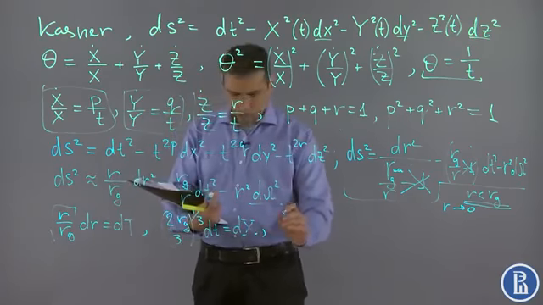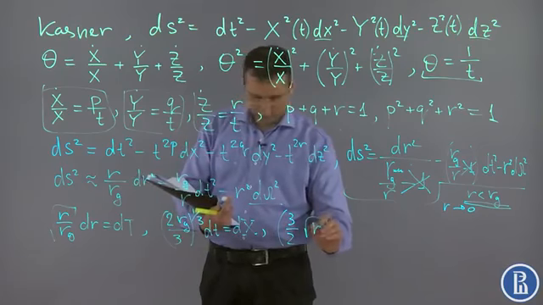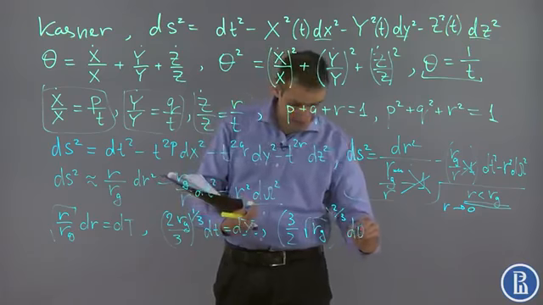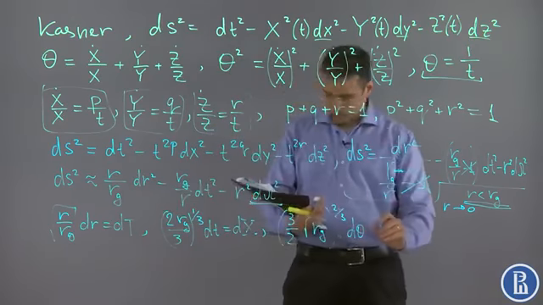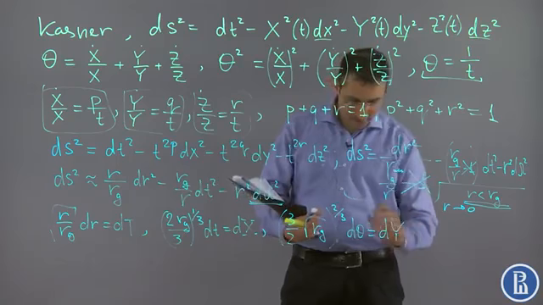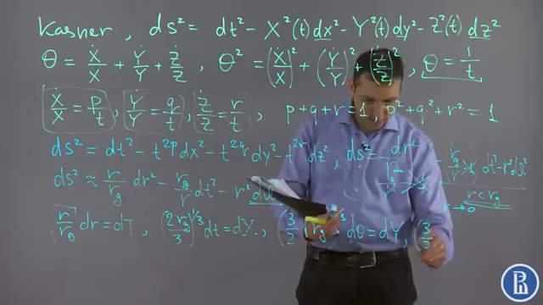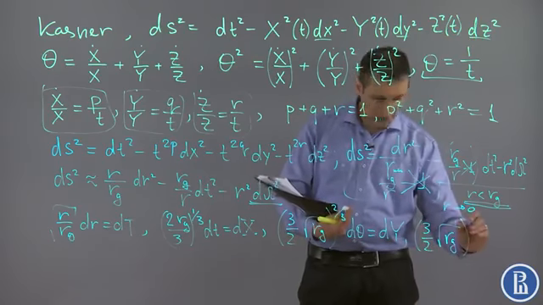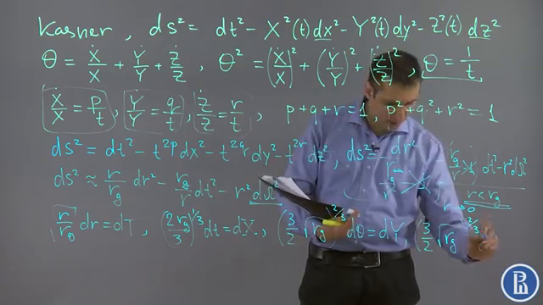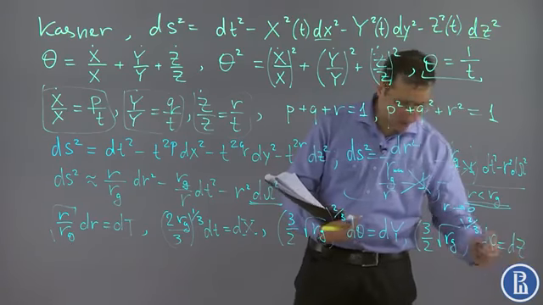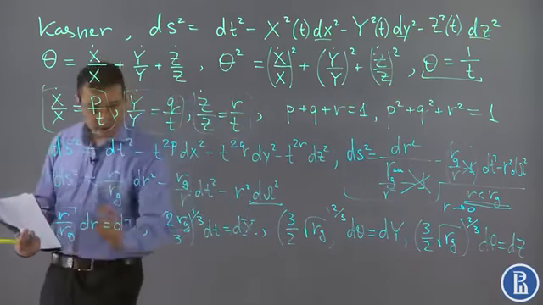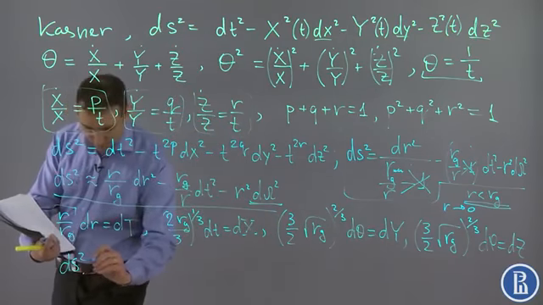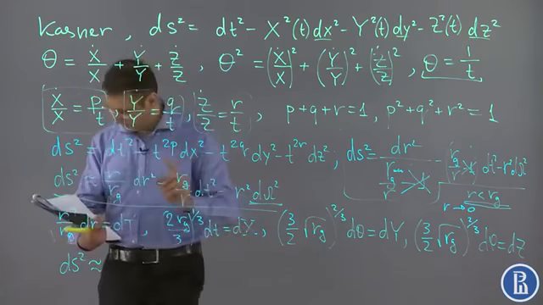Then 3 over 2 square root of rg to the power 2/3 d theta we denote as dy. And finally 3 over 2 square root of rg to the power 2/3 d phi we denote as dz. After these changes, this metric acquires the following approximate form for small values of angles.